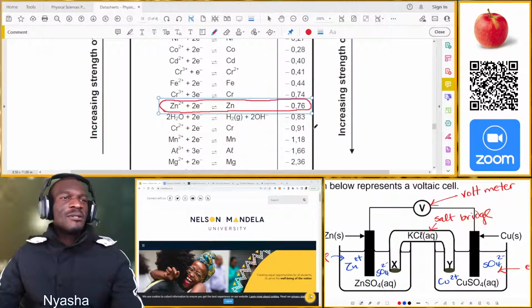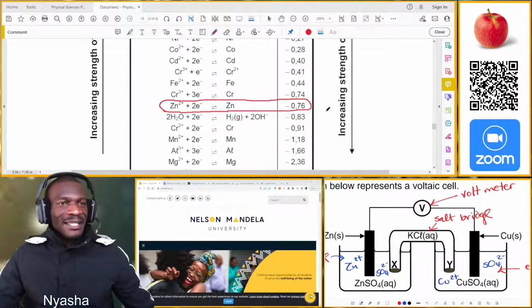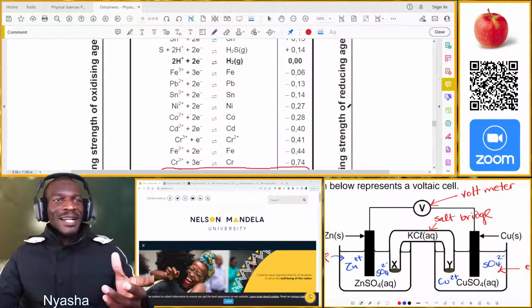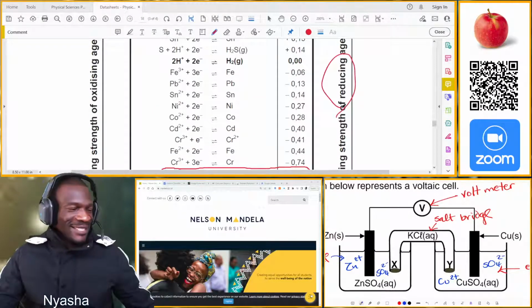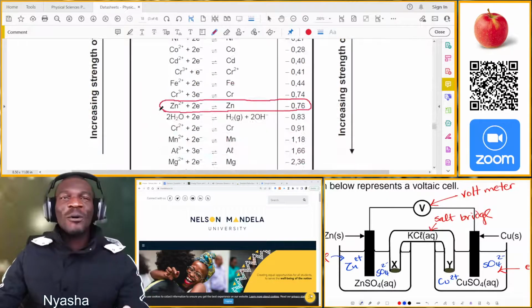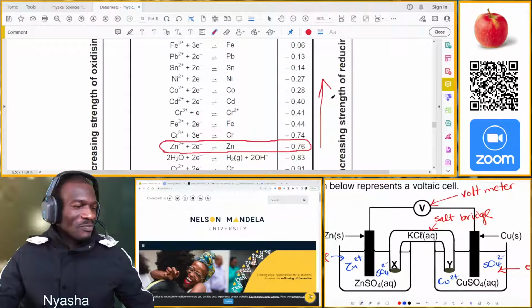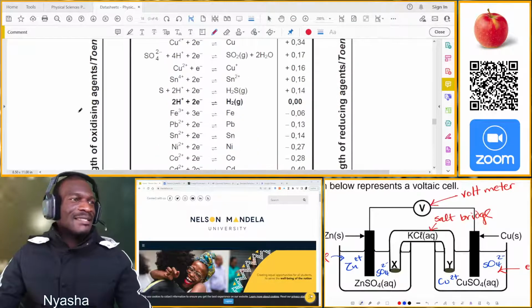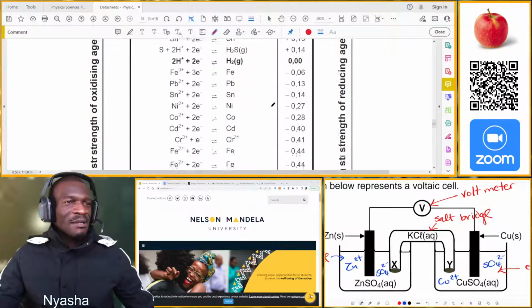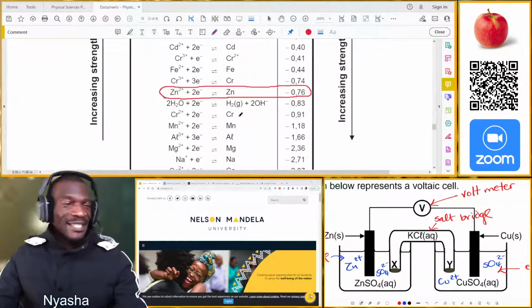Right. So any material that is below zinc is actually a reducing agent, making zinc the oxidizing agent. Any material that is above zinc is the oxidizing agent, making the zinc a reducing agent, isn't it?